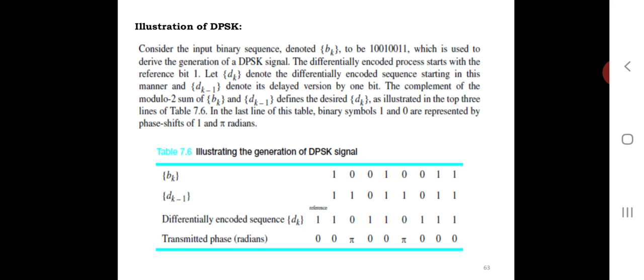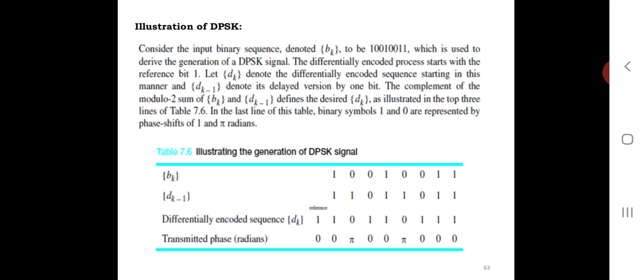So D of k minus 1 is delayed by one bit reference from the D of k. So here the last bit of D of k is deleted, and we get the sequence denoted in row 2, 1 1 0 1 1 0 1 1, right?